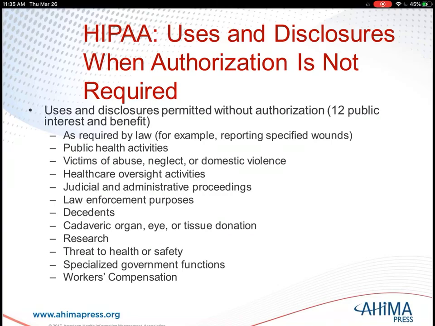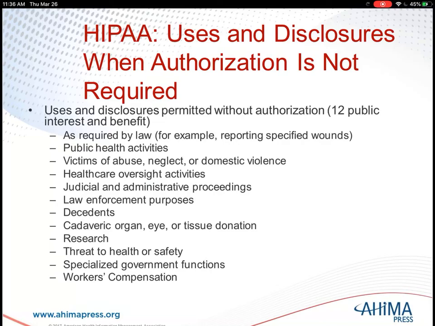All right, number 11, essential or specialized government functions. There's a number of instances with regard to specialized government functions where uses and disclosures are permitted without authorization or opportunity to agree or object.